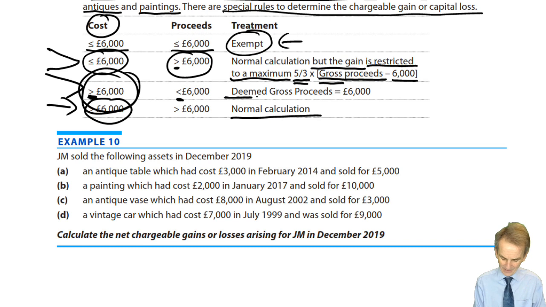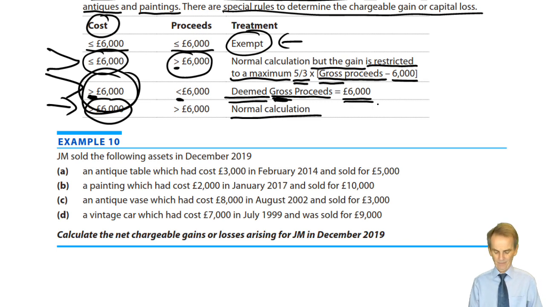That is that we now take our deemed gross proceeds, again note gross proceeds, and deem the gross proceeds to be £6,000. And in that way, we're going to limit the amount of allowable loss. So we deem the gross proceeds to be £6,000 and then do a normal loss calculation.